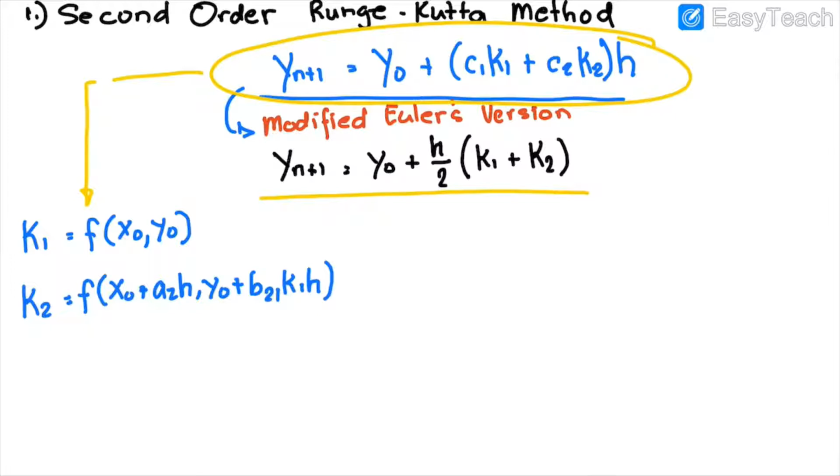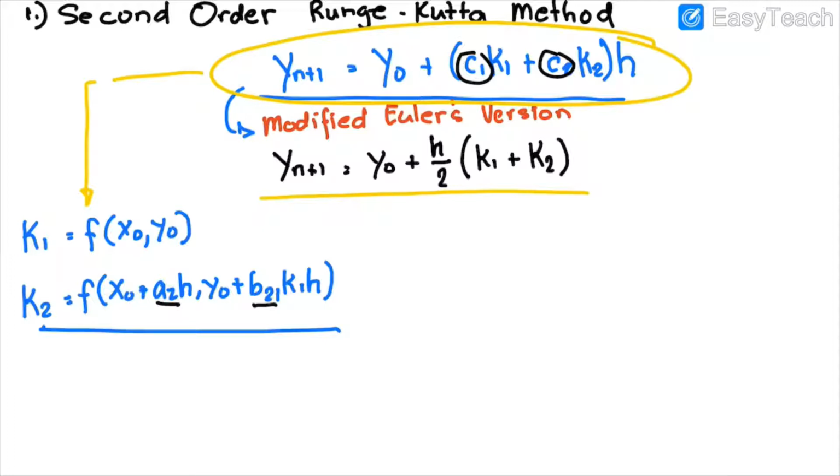These are the general forms for the second order Runge-Kutta method in computing for k1 and k2, where c1, c2, a2 and b21 are constant values.